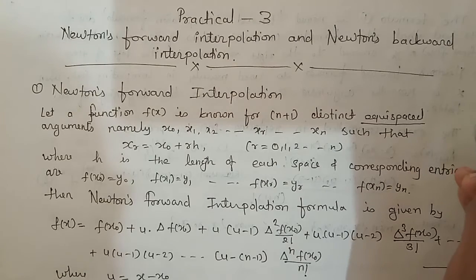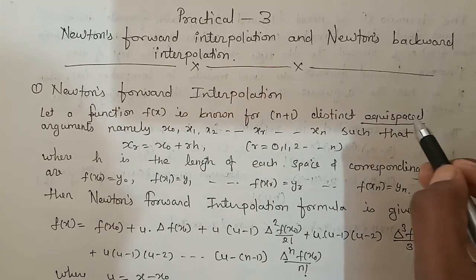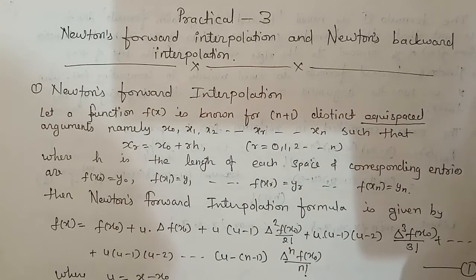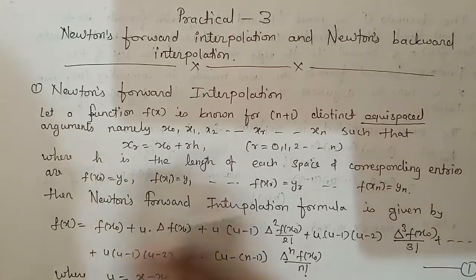Here we are studying finite differences when arguments are equispaced. There are two types of method: one for equispaced arguments and another for unequal distribution. Equispaced means our values of the argument, that is the values of x, are like 0, 1, 2, 3 or 5, 10, 15, 20, 25. That means the difference between each argument is equal.